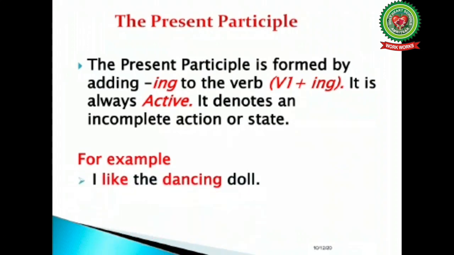For example, I like the dancing doll. In this sentence, there are two verbs. First is like, which is the main verb, and dancing is the secondary verb, which is the present form of verb plus ing. Here, doll is a noun. The word dancing is describing the noun doll as an adjective. So, it is called a participle.